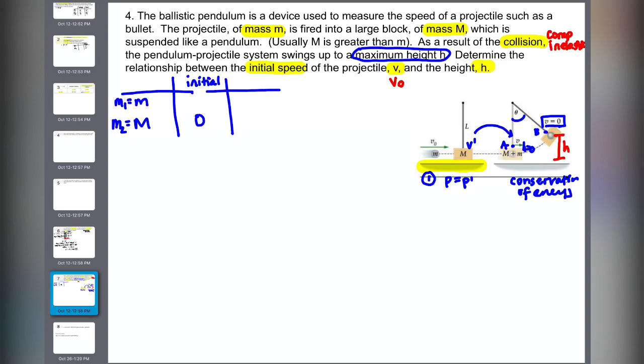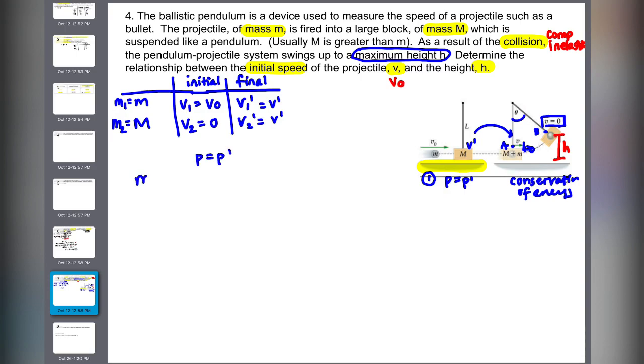I'm trying to use the same notation as the picture, which I don't like the way they label it, but I'm going to say V1 is the V naught, the initial velocity of the bullet, and V2, the initial velocity of the big block, is 0. Then the final speed is the speed when they are stuck together, so the final speed is V1 prime.